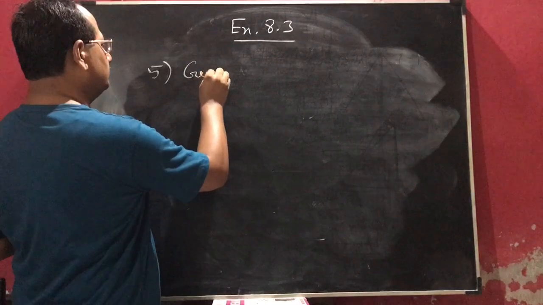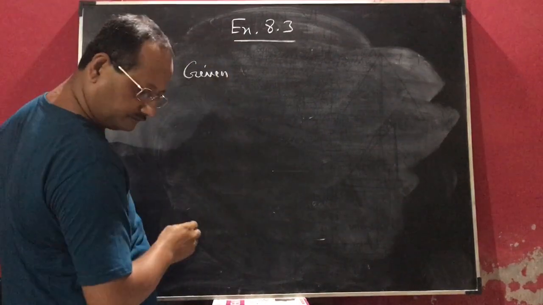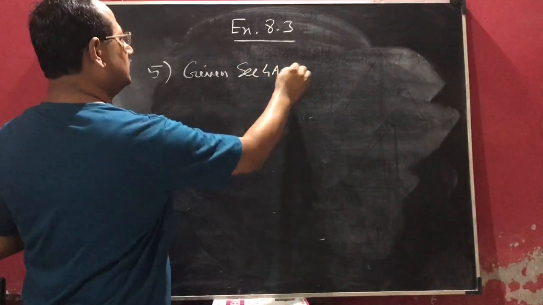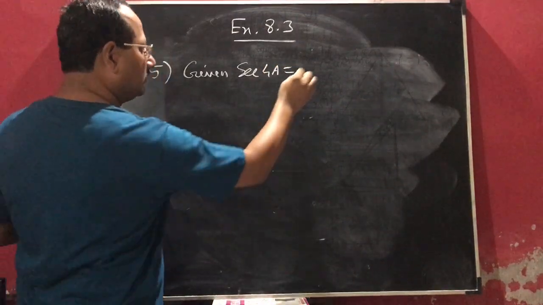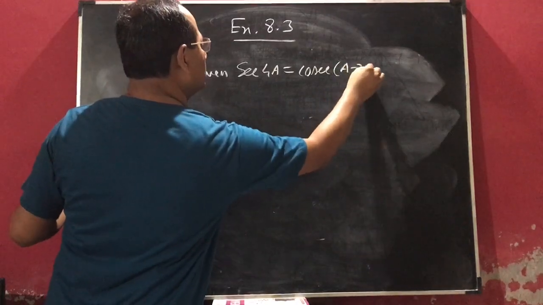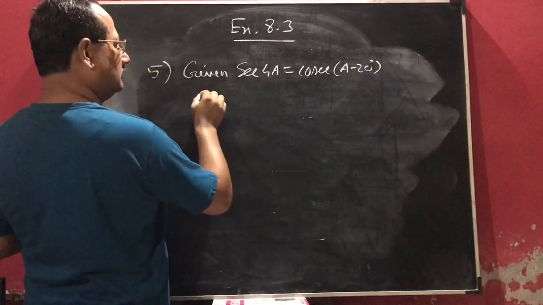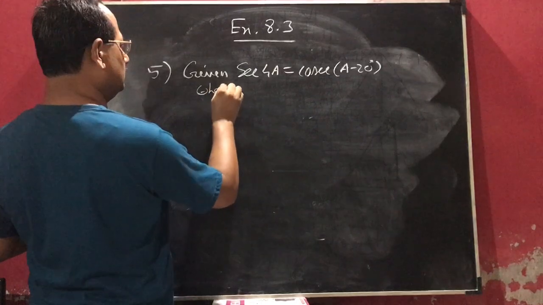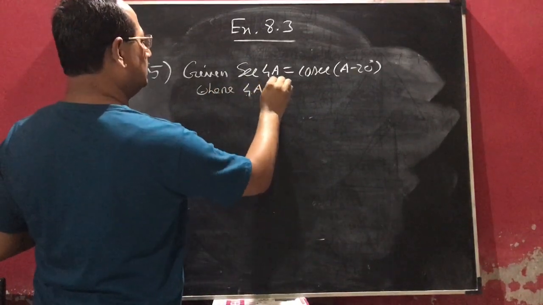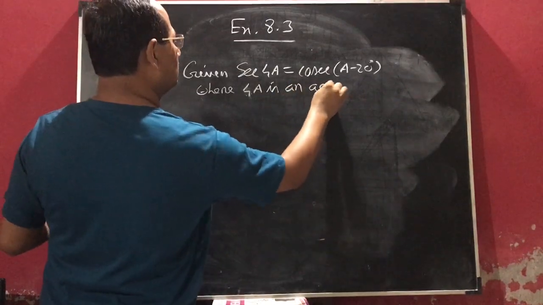So given sec 4A equal to cosec of (A minus 20 degree), where 4A is an acute angle.